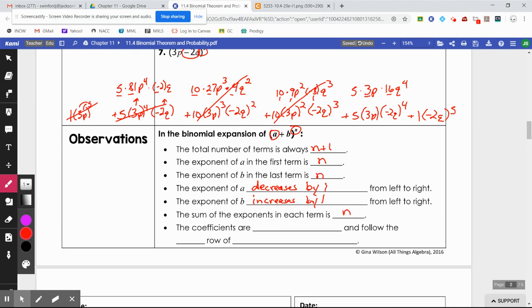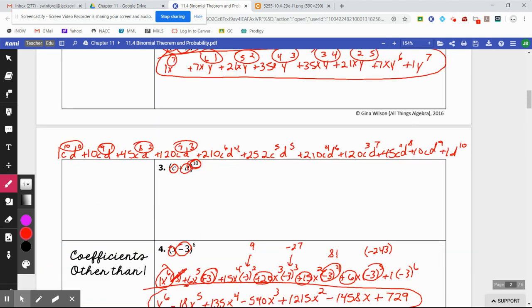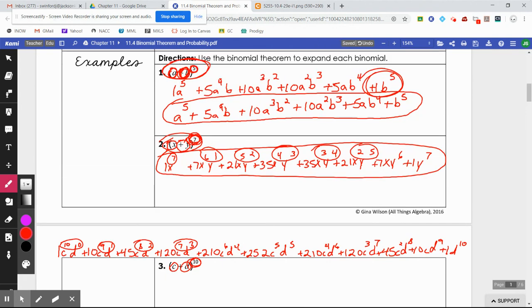The coefficients are blank and follow the blank row of blank. And that's a little confusing. That's nearly one too many blanks. What they're looking for here is that the coefficients are symmetrical. The coefficients, when we start our problems, are always symmetrical. If we go back up and look at it, like here, 1, 10, 45, 120, 210, 252, and then we have the same numbers counting down.